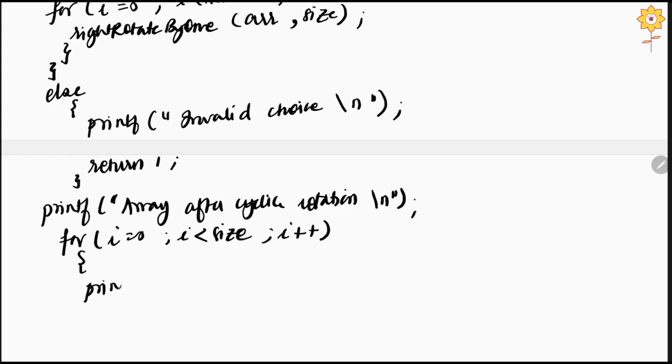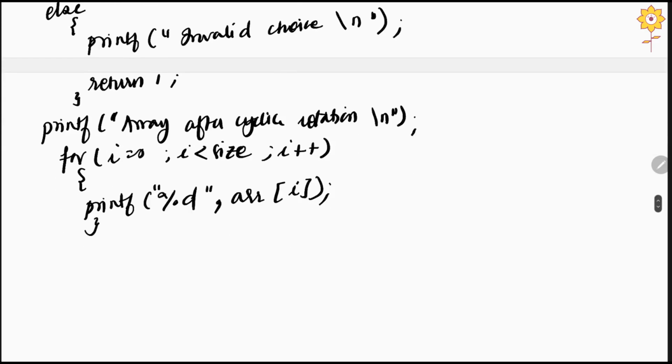What will you print? Here you will print the array elements after rotation, right. So, %d because array elements are of integer data type, that is why %d, and array of i, you will close it, closing brace for the loop, and then you will write getch at the end, and return 0, and you will close this curly brace.